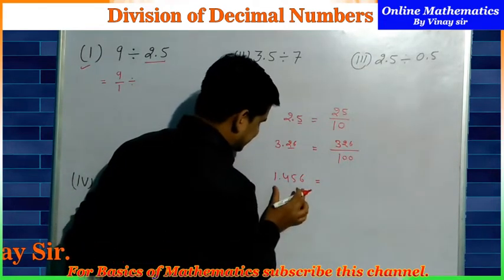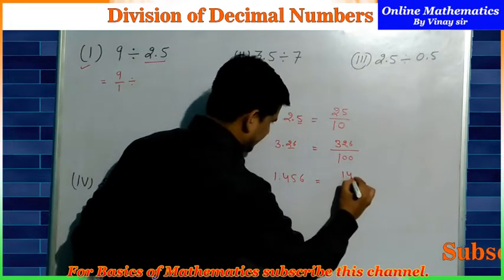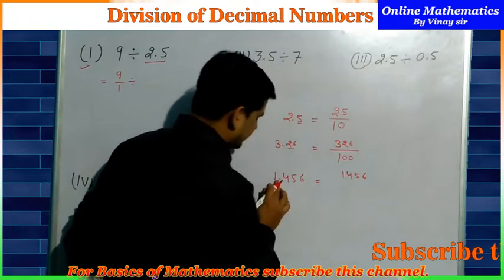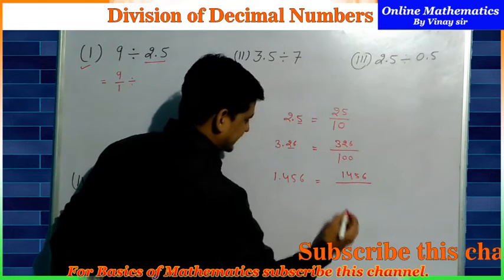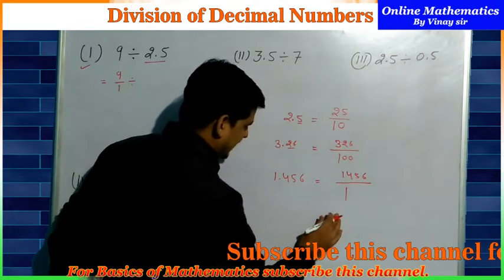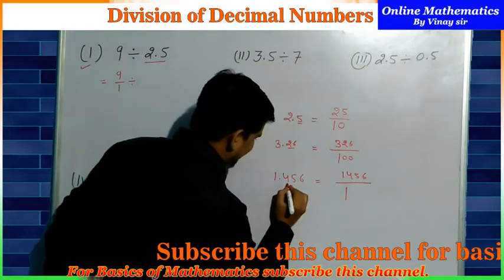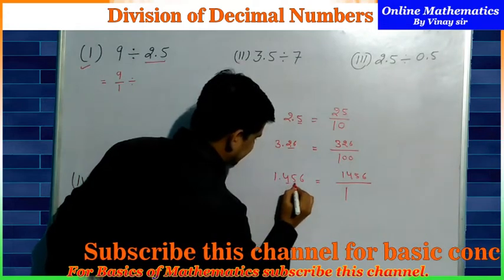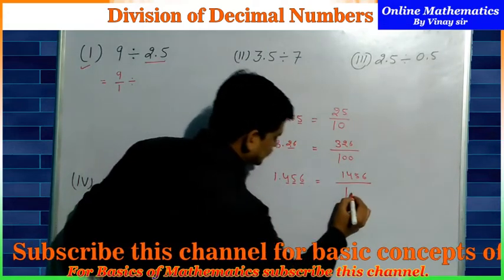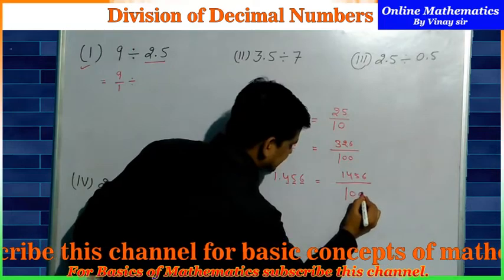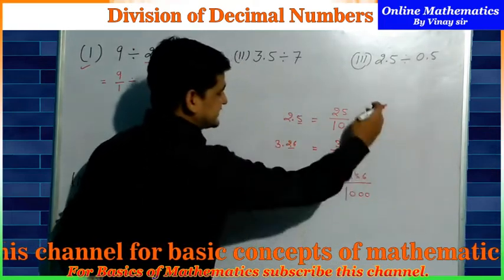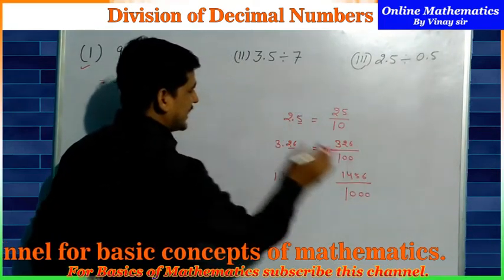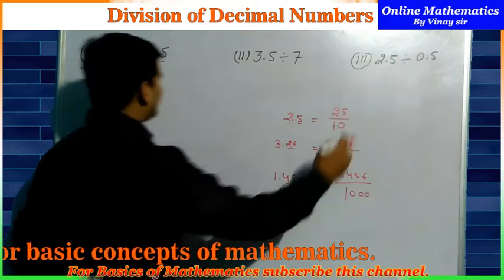We write this number as 1456, removing the point, and it will be the numerator. In the denominator we write 1 and count the number of digits: 1 digit, 2 digits, 3 digits, so we have to write 1000. Students, this is the way we can change a decimal number into the form of a fraction.